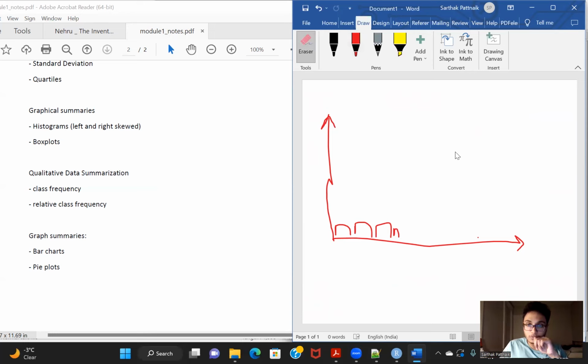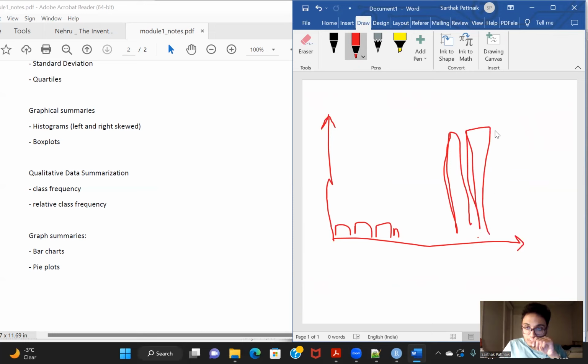Let me draw this once again. Extremely high frequency somewhere at the end. Okay. So essentially, if I just try and outline this particular histogram, it will come somewhat like this.